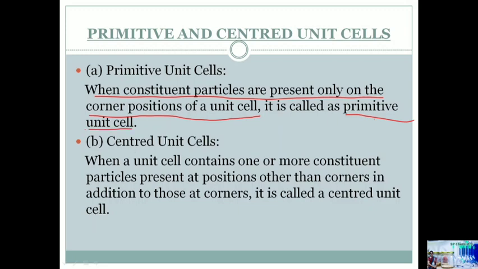Then centered unit cell. In centered unit cell, when a unit cell contains one or more constituent particles present at other position, means other than kernel, constituent particles are present in addition to that of kernel also, right?